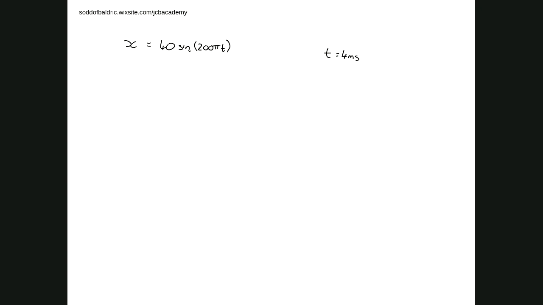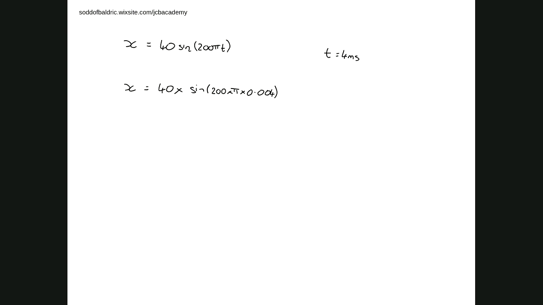So the first part of this task is as easy as it looks. That x is equal to 40 times sine of 200 times pi times 0.004. Please remember 4 milliseconds is 0.004 seconds.